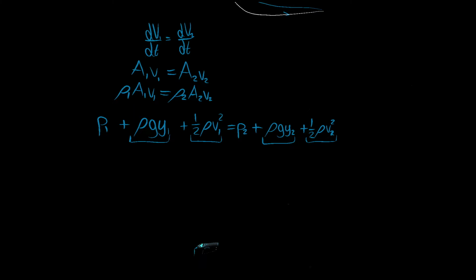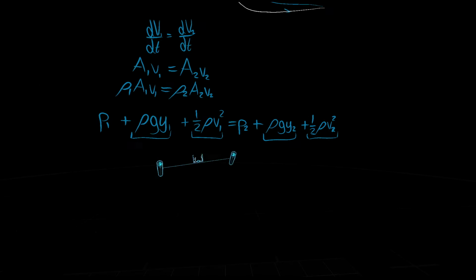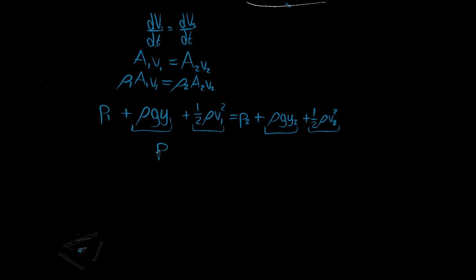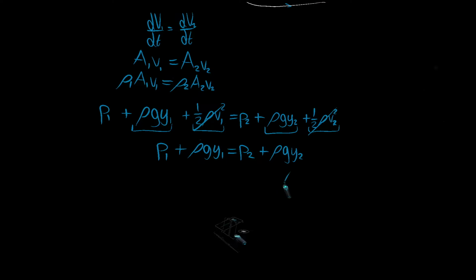So notice that if the fluid is not flowing, the kinetic energy term disappears, right? No velocity. And we're left with a pressure relationship, which is useful. So if we take out this term, no kinetic energy, it's not flowing, then we're left with P1 plus rho g y1 is equal to P2 plus rho g y2.